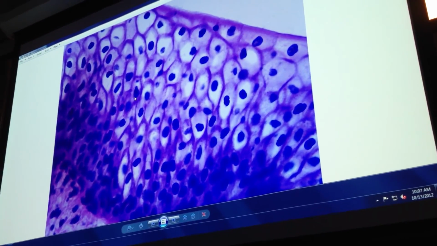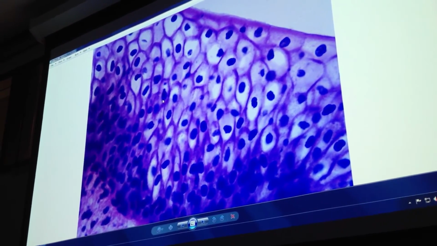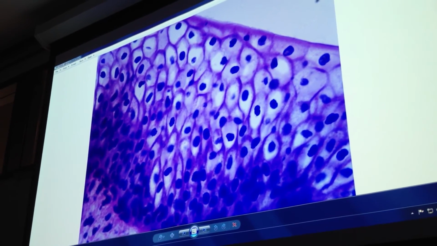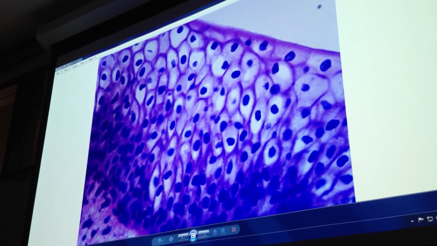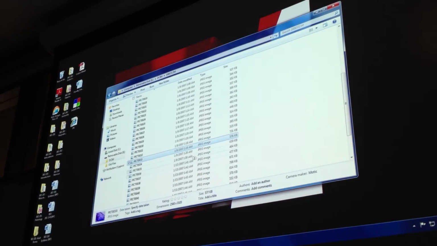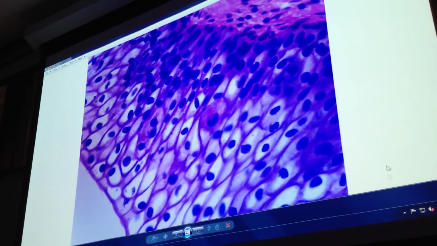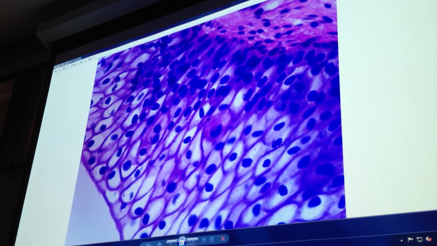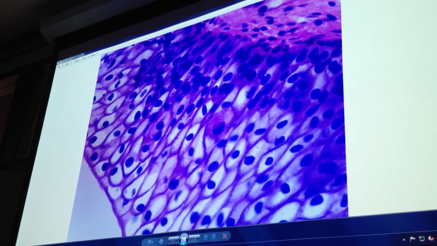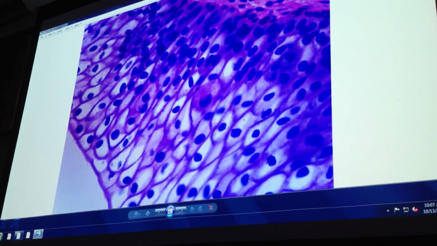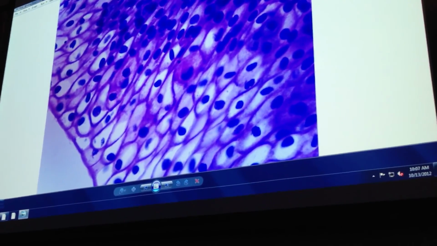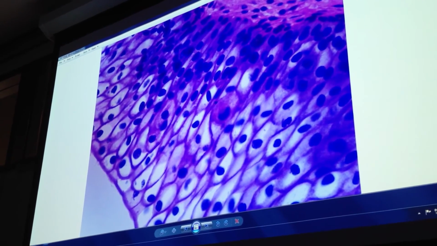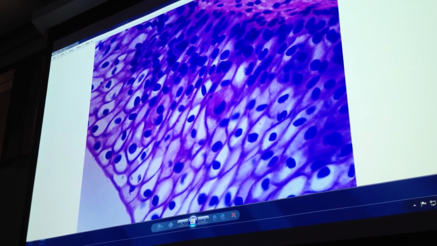What organ? Bladder or ureter. What type of epithelium? Transitional. What's the function of transitional? Stretch. Is the uterus not transitional? No, because it's smooth muscle.